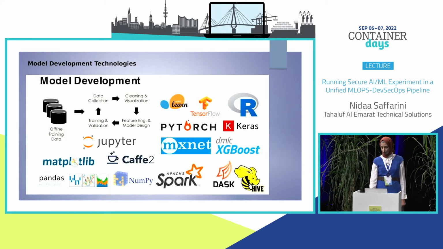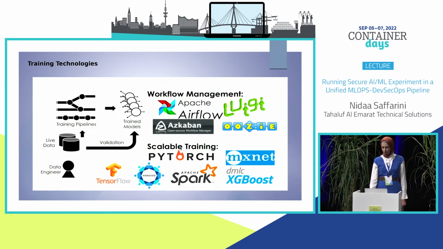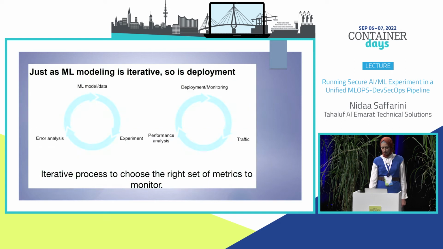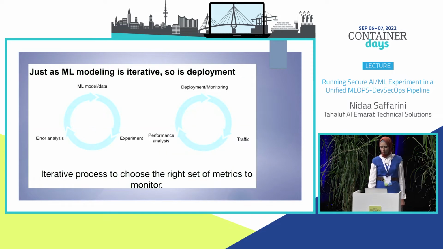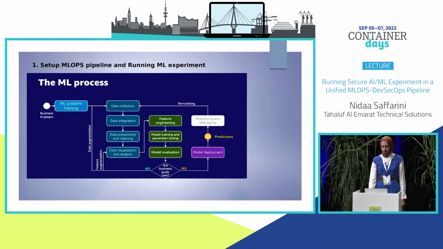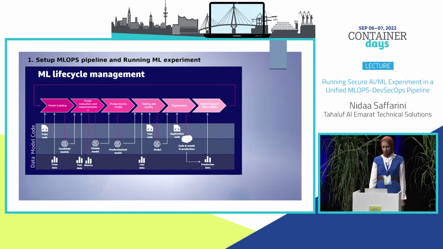These are some tools we already use with model development and model training as well. For deployment, we have many patterns, like blue-green or canary deployment. The way we deploy the model needs to be iterative. This summarizes the whole process using this pipeline.